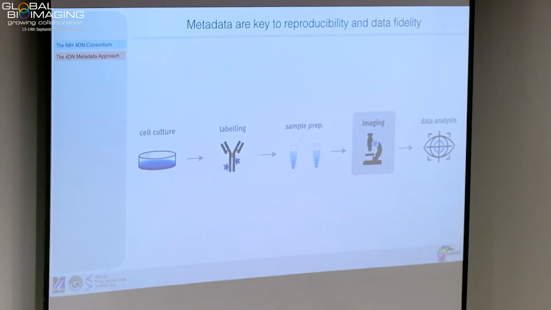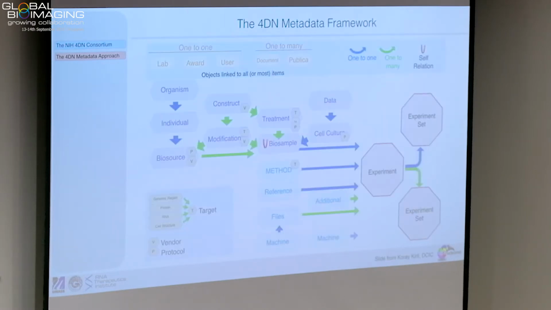If we talk metadata, then we obviously talk about a lot of different things that need to be described: from the biosource through the handling, the culturing, the modifications, the sort of experiment, to eventually the imaging and the data analysis. While I want to focus on the imaging today, I can do so because we have a handle on the other parts.